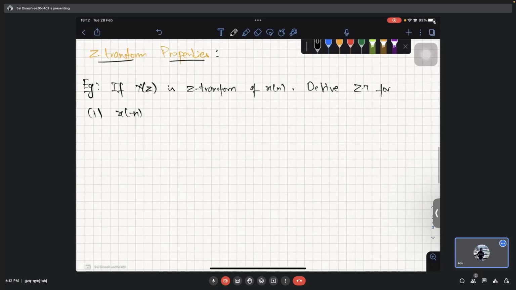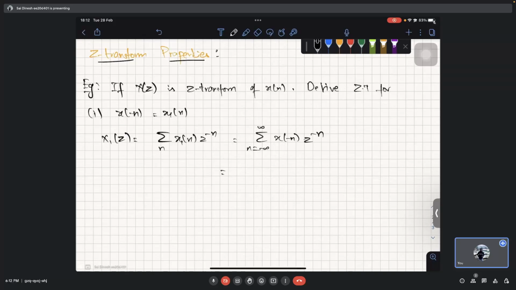So x1(z) is equal to the sum of x1(n) z^(-n) for all n, which is equal to the sum of x(-n) z^(-n) for n equal to minus infinity to infinity.